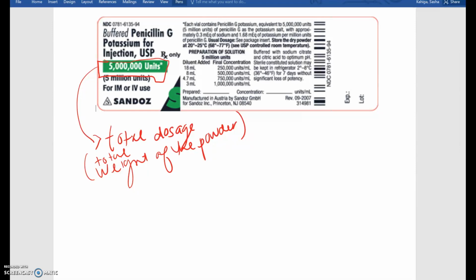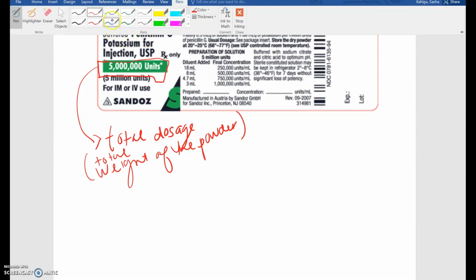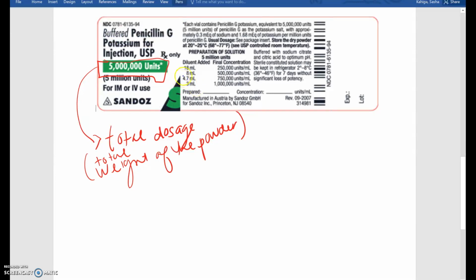All right. So as we move on, let's go ahead and look at some stuff on to the right side of this label. And one of the things I'm going to pick out here is this information right here. It says preparation of solution, and it tells you, it says diluent added, and it also has final concentration.